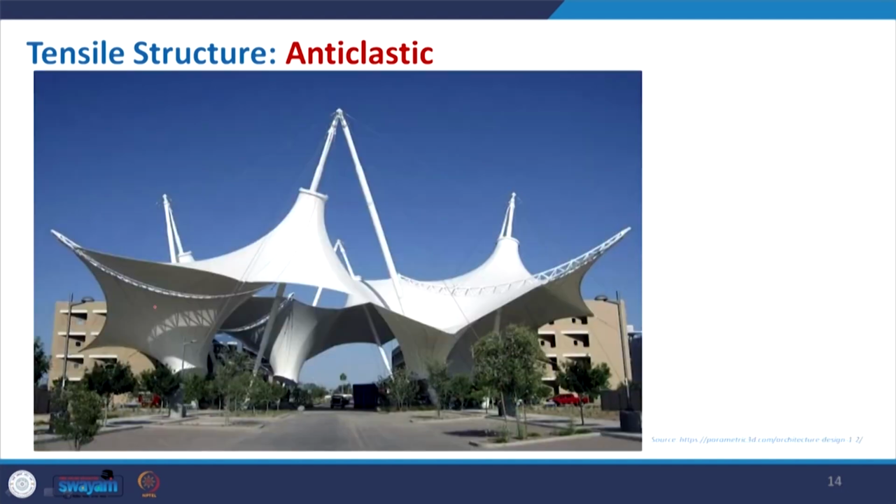Take another example, a conical shape fabric structure from the Arizona State University campus. In that case also, these fine cables are taking the main load, and in the curvature you have a different kind of arrangement: somewhere the cone is upside, sometimes it is in the downward direction, but we get the curvature in a different manner.